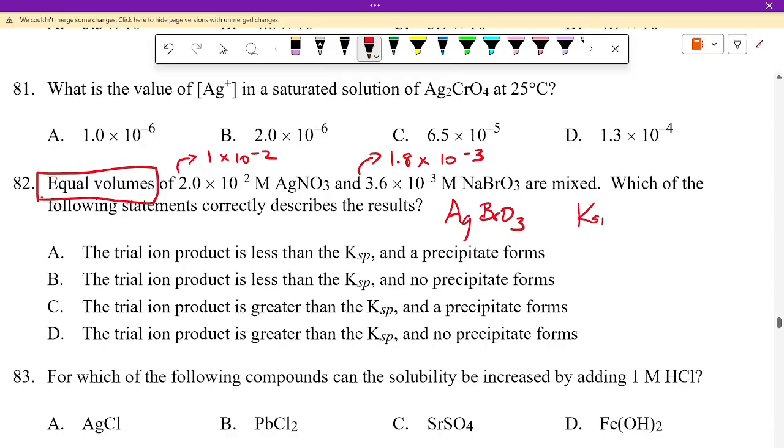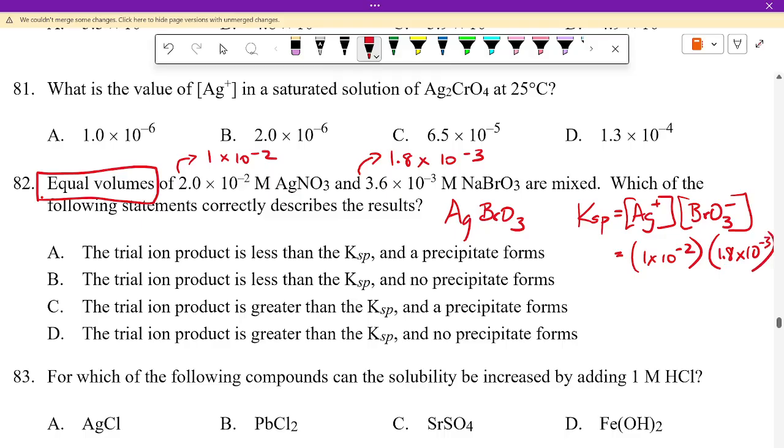So KSP is the concentration of silver times the concentration of bromate, which is 1 times 10 to the negative 2 times 1.8 times 10 to the negative 3, which equals 1.8 times 10 to the negative 5.